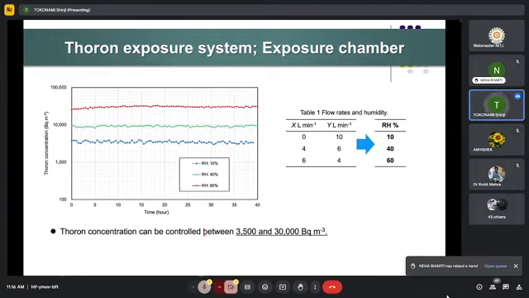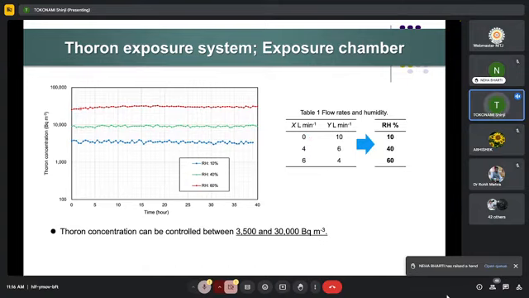This figure exemplifies the time variation of thoron concentration. By changing the flow rate, we can set different thoron exposure levels, like this. Relative humidity 10% is the green dot, 40%.